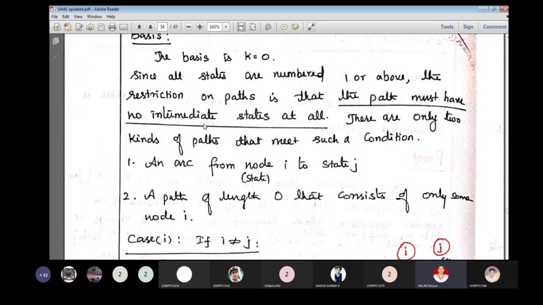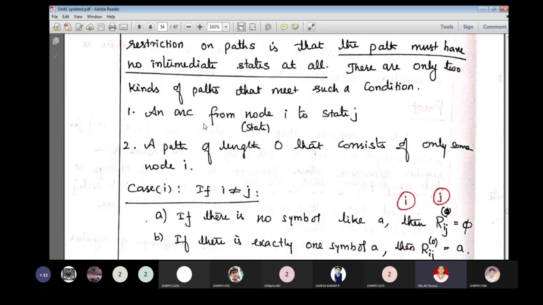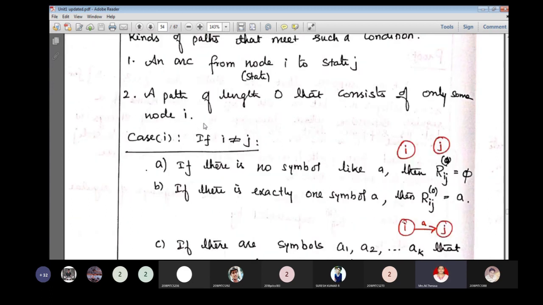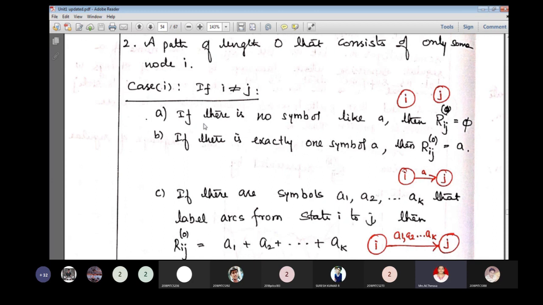There are only two kinds of paths that meet such a condition: an arc from node i to j, or a path of length 0 that consists of only the node i. So for case 1, if i is not equal to j and there is no symbol, then R_ij^0 will be phi. There is no transition, isn't it?